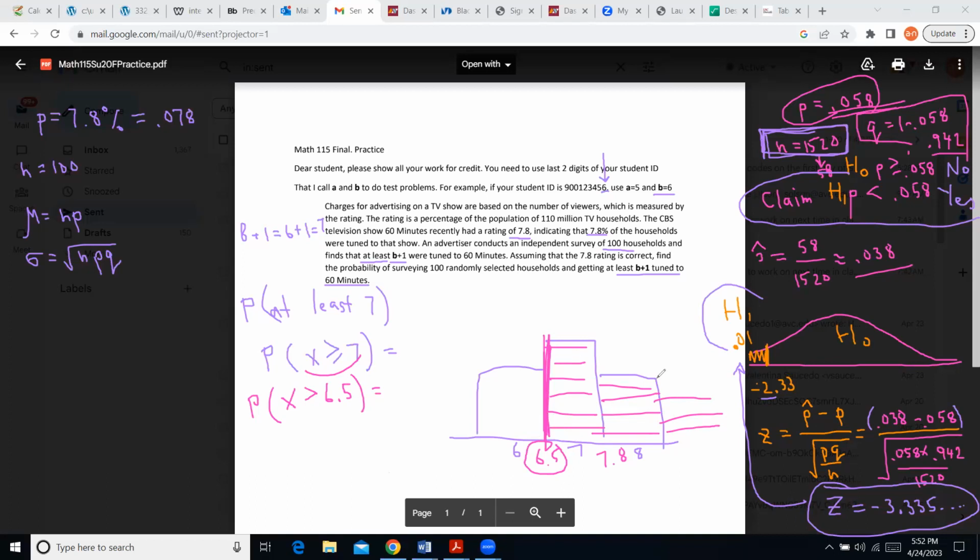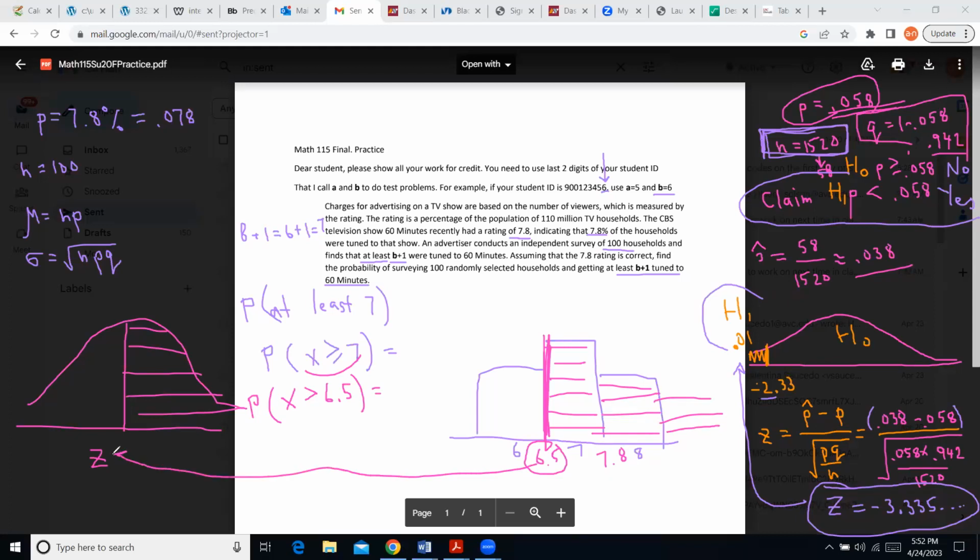The reason you're doing it is that you need to get the area using the z-score, the normal distribution. And the normal distribution needs a z-score that will correspond to the value that you produced by that continuity correction.